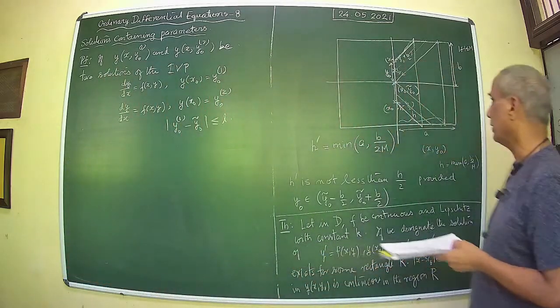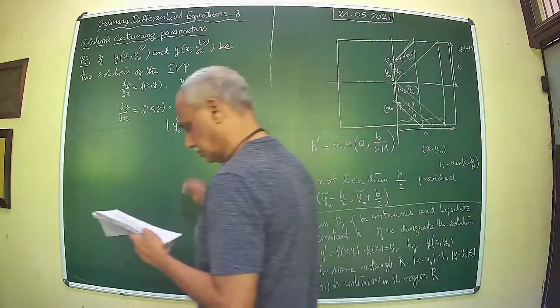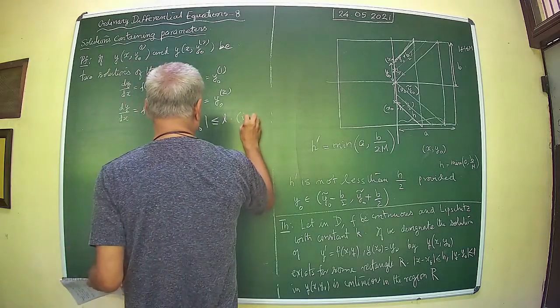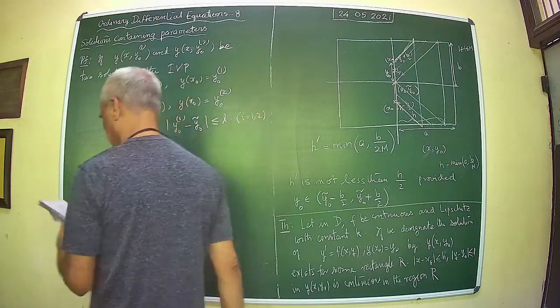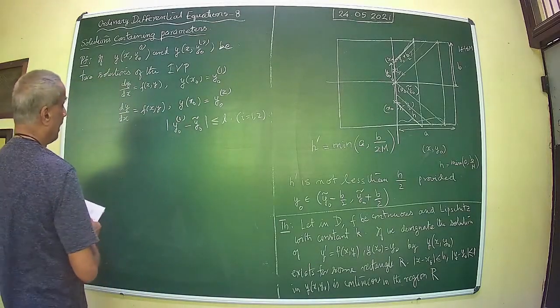This is something that we assume, for i equal to 1, 2. Then what do you have?